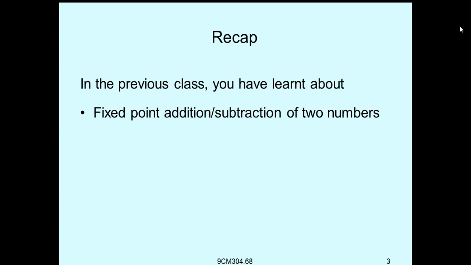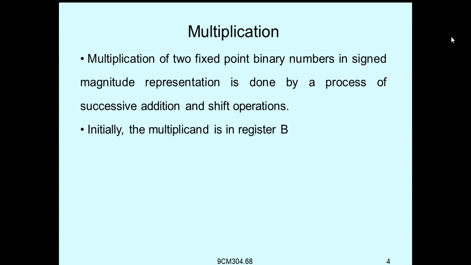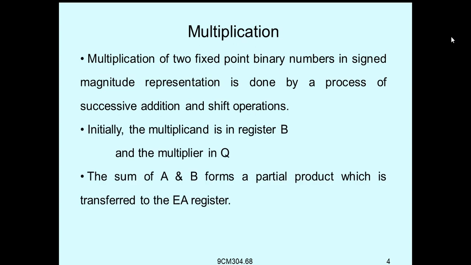So in the last class, we already discussed how you can do the fixed point addition and subtraction of the two numbers. And now, here, multiplication of the two numbers.